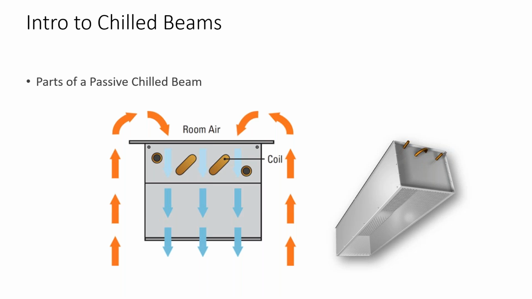And then the warm air cools off as it sees the cooler surface temperature of the coil fins, and that causes it to fall down into the space. So location and placement is important, but you can essentially place that in hallways, around the perimeters. We've got a couple of case studies that we're going to show a photo of an installation where they've done just that. But it's a really good way to get sensible cooling and a boost without necessarily an air component to it.